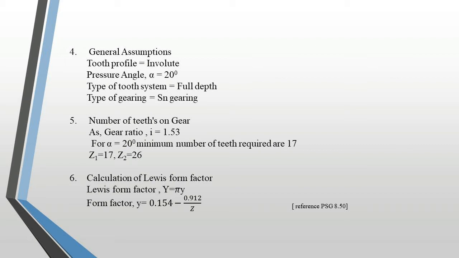Calculation of Lewis form factor, which is phi equals pi y. Form factor y equals 0.154 minus 0.912 upon z, which is from PSG 8.50.